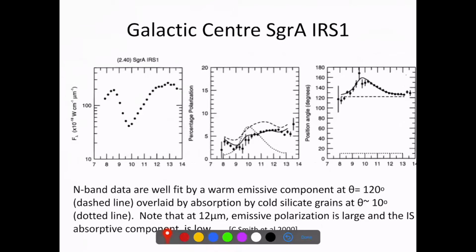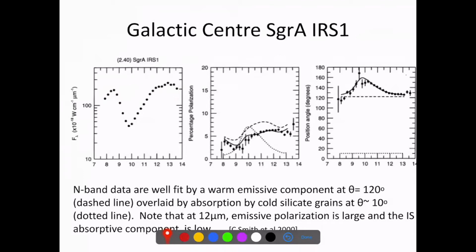IRS 1 is the brightest source in the filaments in the northern arm, and again it shows a pronounced silicate absorption, but now with evidence of a turnover at the wings of the spectrum, which indicates that there are both emissive and absorptive components.